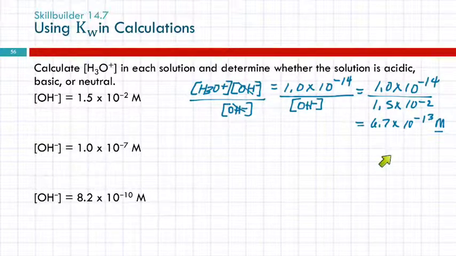So which is bigger, 10 to the minus 13 or 10 to the minus 2? 10 to the minus 2. When you're looking at the negative exponents, it can kind of mess with your brain, because 13 is a bigger number, but it's negative. So this is larger. So we have hydroxide ion concentration is greater than hydronium ion concentration.